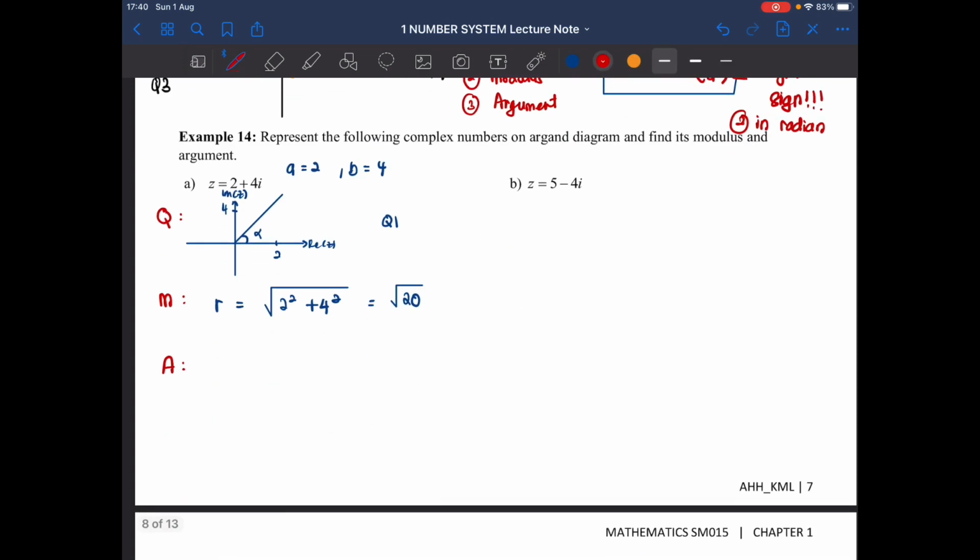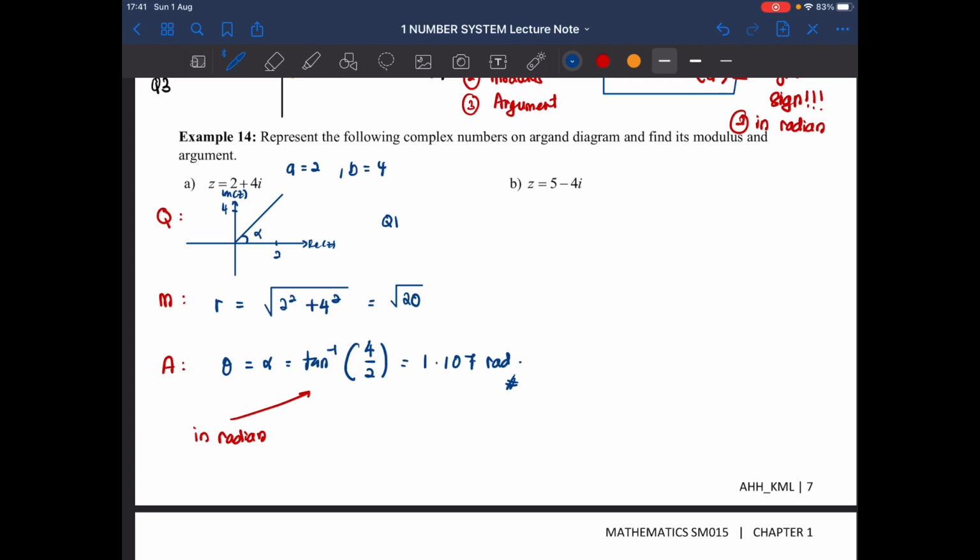So we can directly calculate theta is equal to our alpha, which is inverse tangent B over A. B is 4, A is 2. So remember I said earlier, make sure it is in radians. Press the calculator, make sure you know how to change it. If you don't know, you can tell me. So press the calculator, we will get 1.107 radians. Okay. Alright.